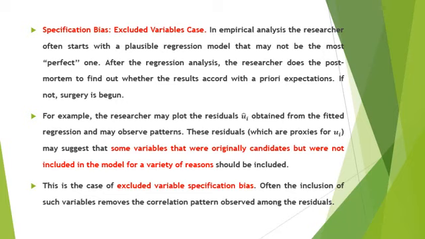The results may suggest that some variables that were originally members were not included in the model for a variety of reasons. This is the case of excluded variable specification bias. If we include such variables, we can remove the correlation pattern observed among the residuals.